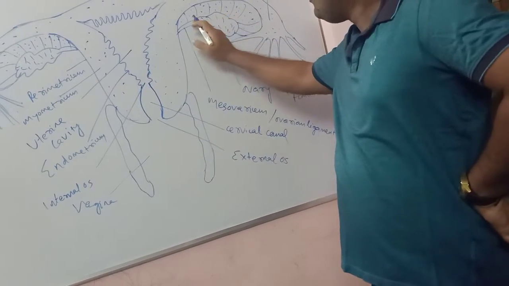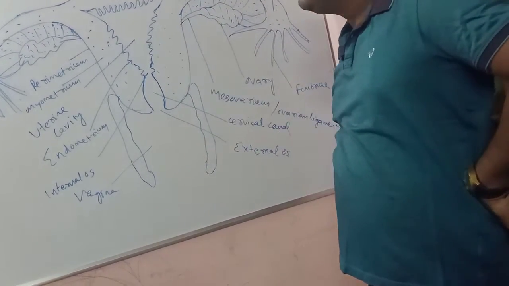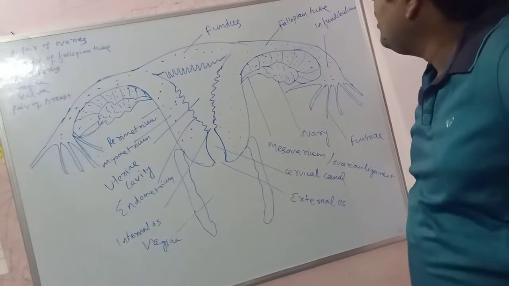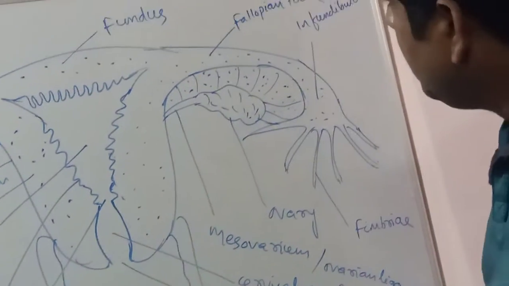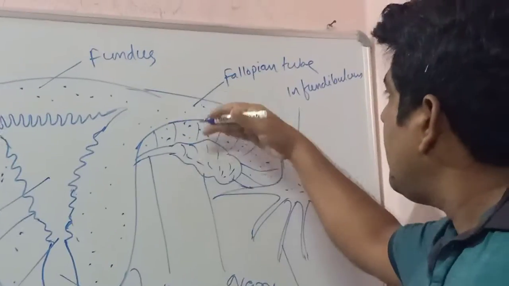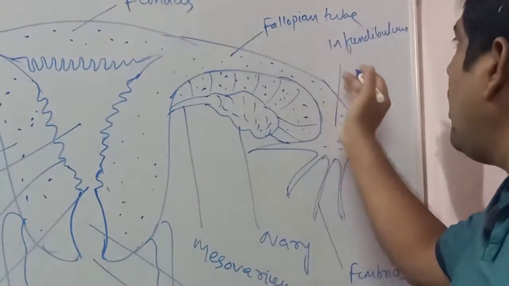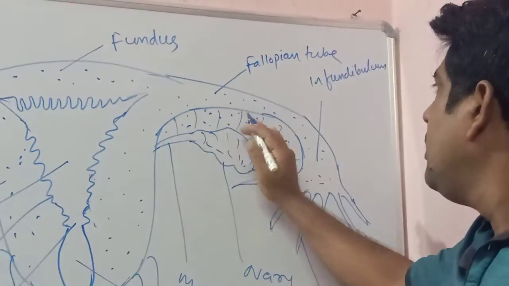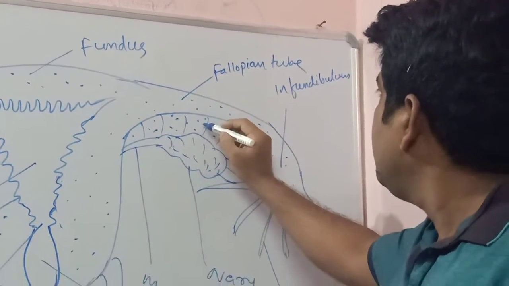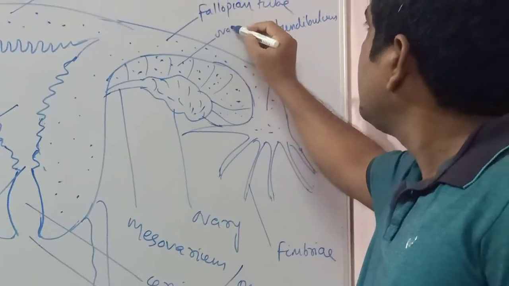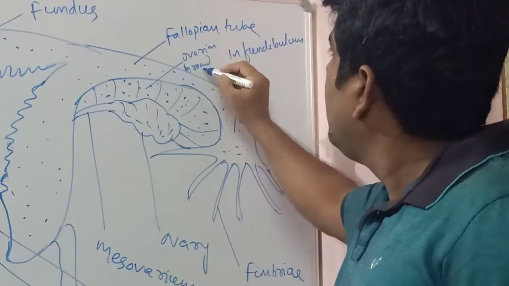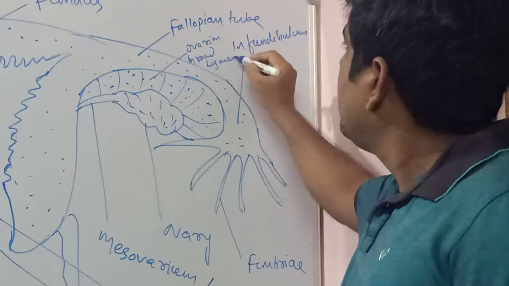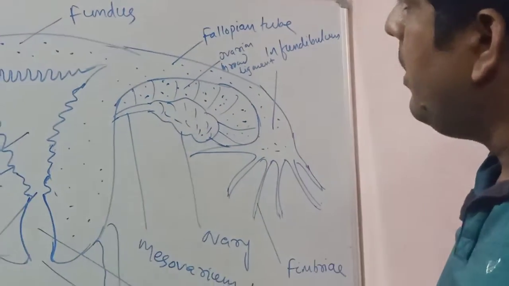The ovary is connected with the wall of the uterus by the mesovarium or ovarian ligament, and the ovary is connected with the entire fallopian tube through the ovarian broad ligament. This is the ovarian broad ligament.